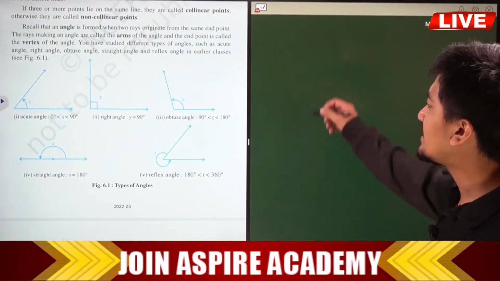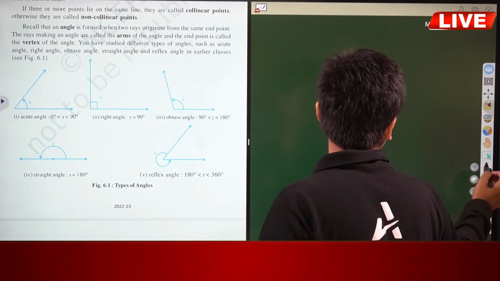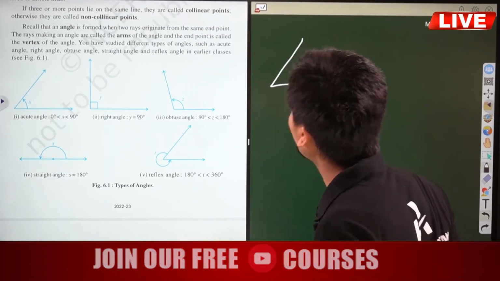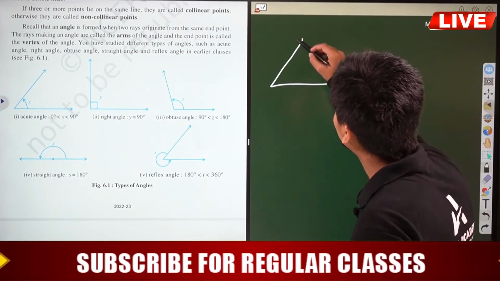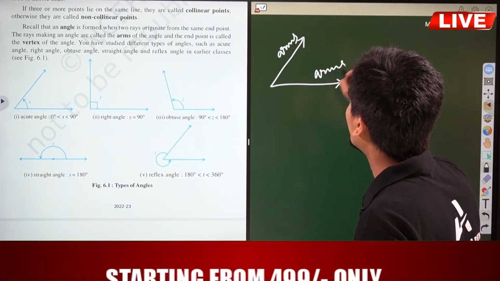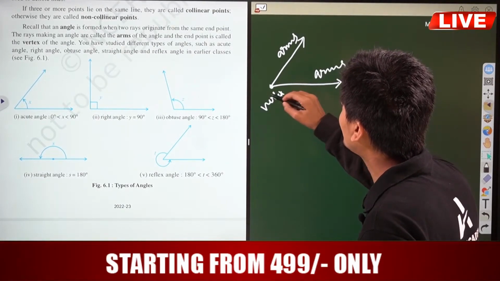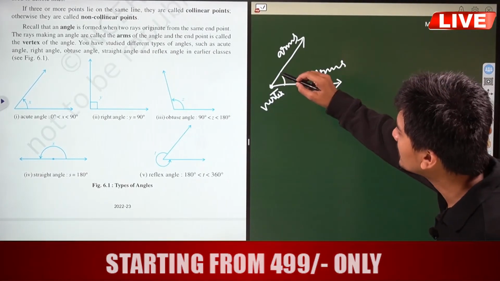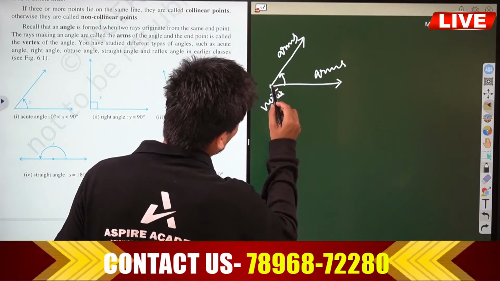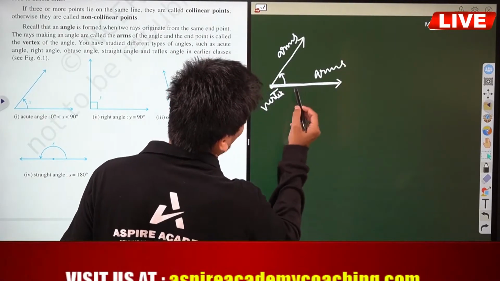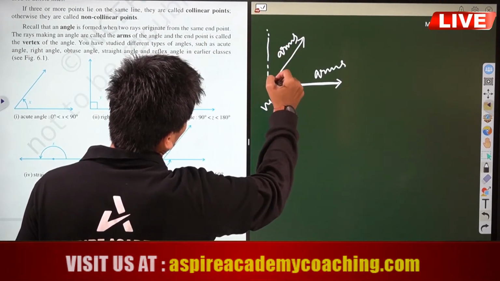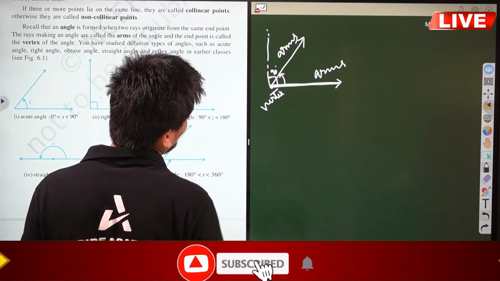Now see here. If I make this angle, this is one ray and we call these the arms, and this point is the vertex. So this is an angle, and it makes some angle, right? Since this line will be 0 degree and it goes on increasing like this, and you all know that this whole part is 90 degrees.